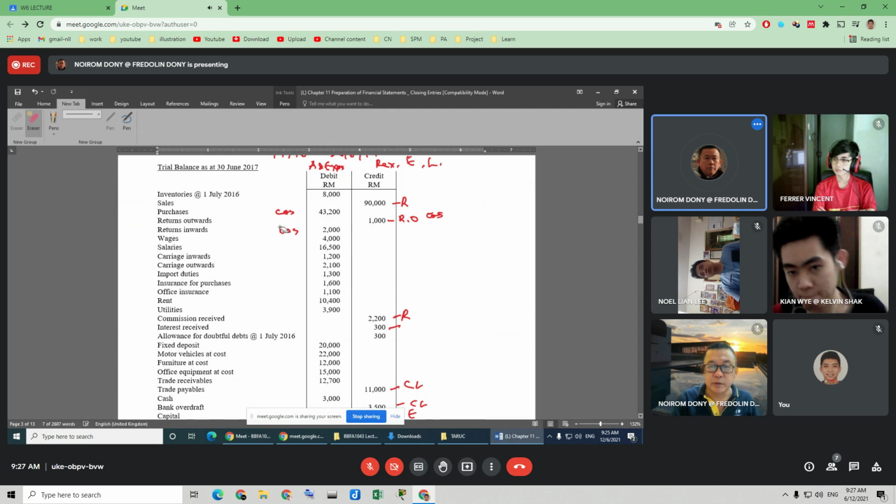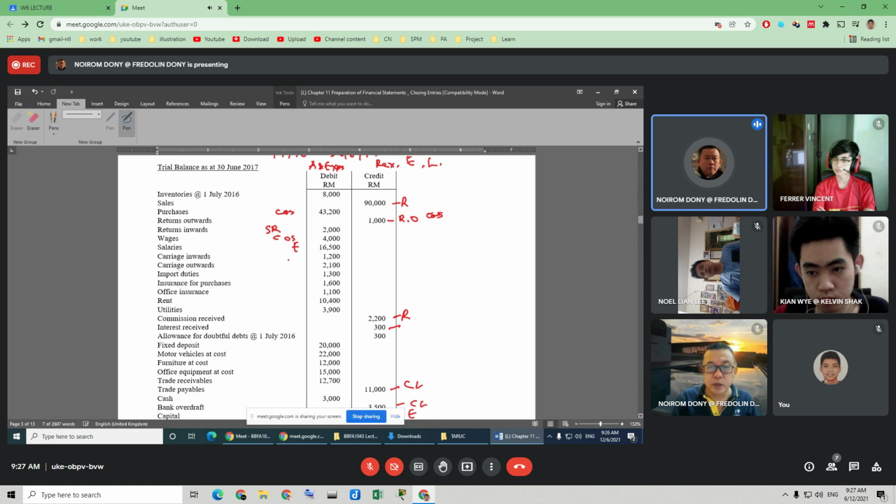This one is sales return, so you need to minus it with the sales. And then wages, cost of sales. Salary, sorry, salary is not; this is other expenses.